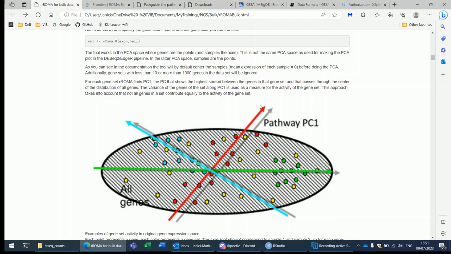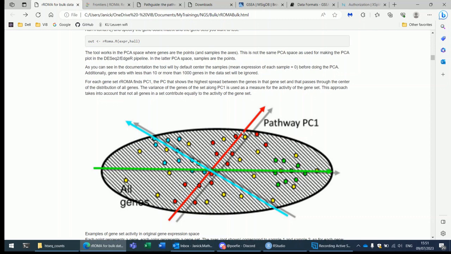And it will calculate the first principal component for each gene set in your bulk RNA-seq dataset. So the green line is the principal component for the green points, and the blue line is the first principal component for the genes from the blue pathway.